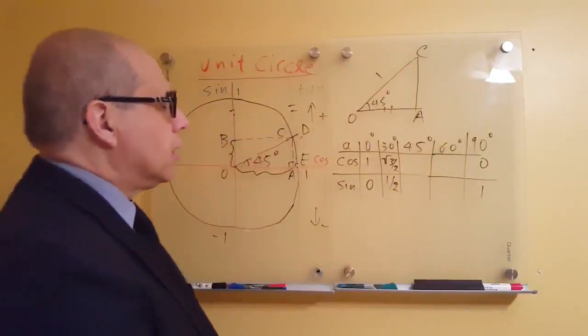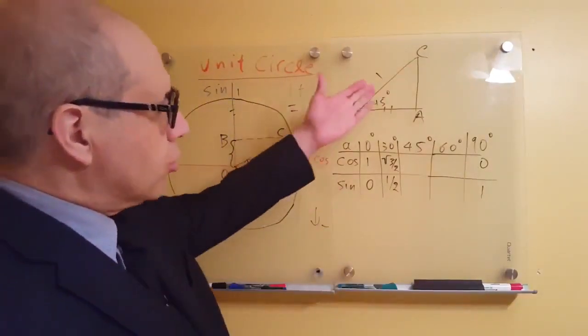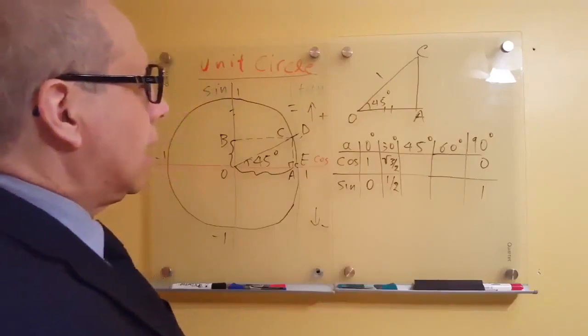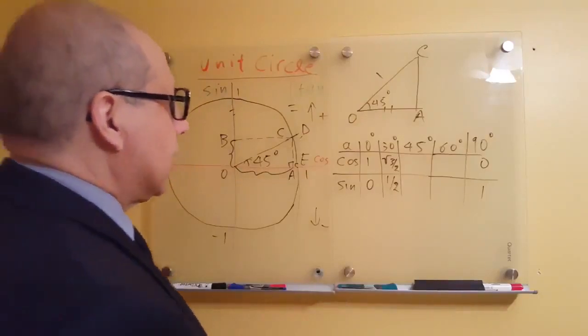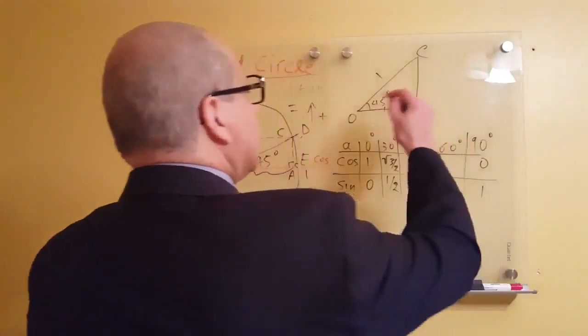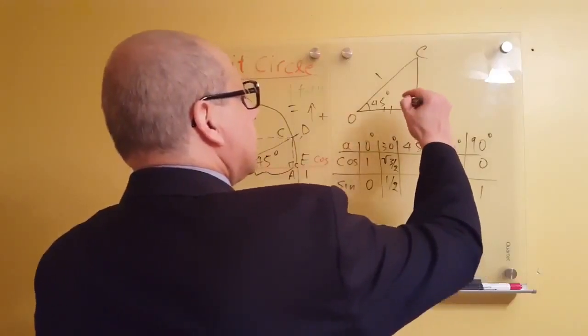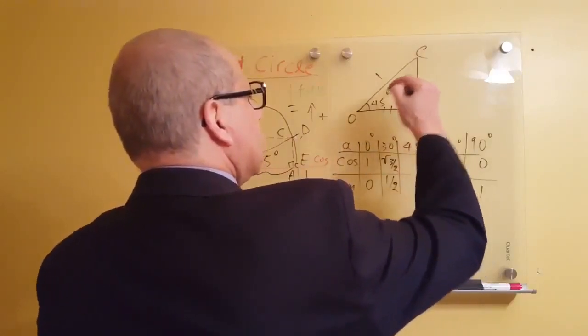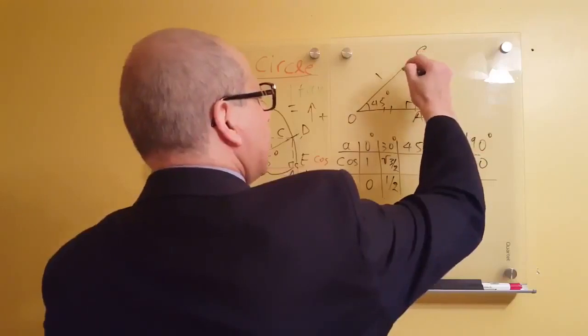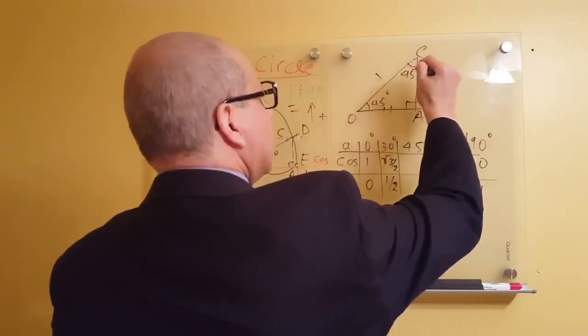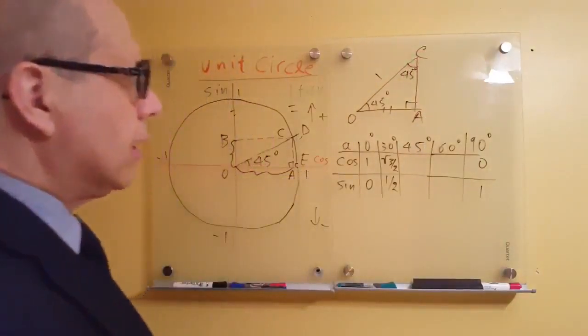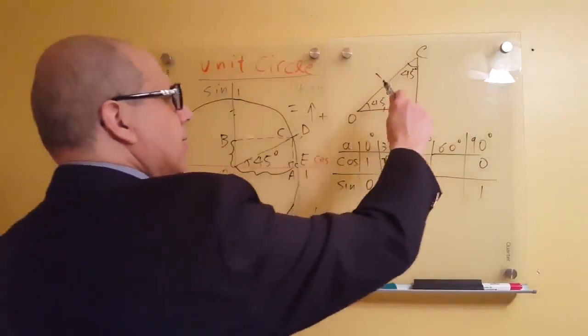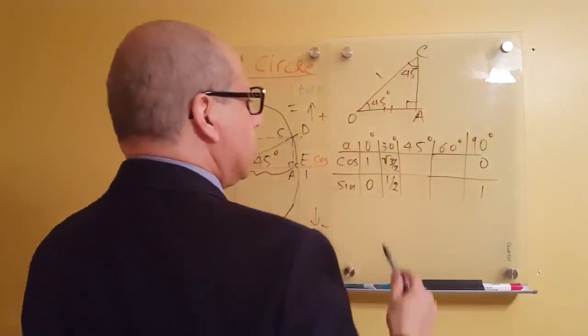So let's go find the cosine and sine of 45 degrees. You see this triangle here, since this here is 90, and this is 45, that means that also this here is 45. So what does that mean? It means that this is an isosceles triangle, okay?